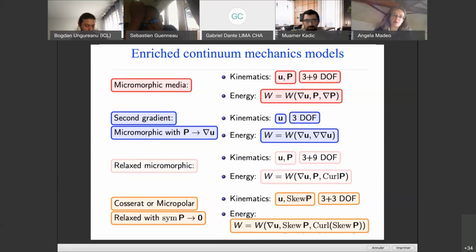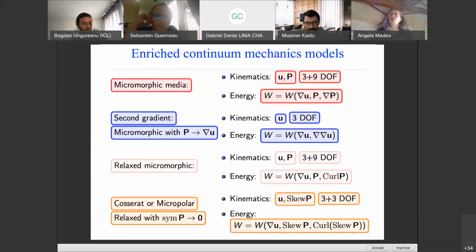So when we talk about micromorphic media, we are taking these 3 plus 9 degrees of freedom, displacement and microdistortion. And we are saying that our constitutive law on the energy depends on the gradient of U, as in classical elasticity, its symmetric part indeed, on P, and also on its gradient.